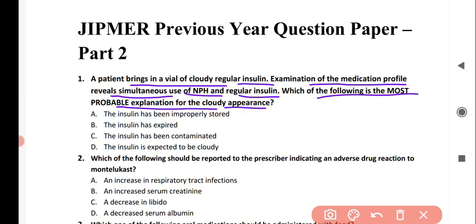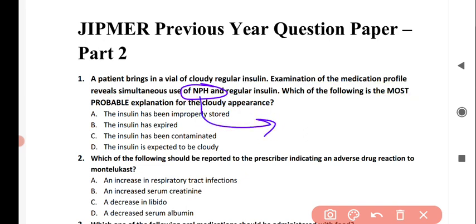So first, let's discuss the NPH. What is NPH? NPH is neutral protamine hagedorn. It is a special preparation of regular insulin, and in this there is a protamine suspension. This protamine suspension allows for slower release of the insulin after injection.